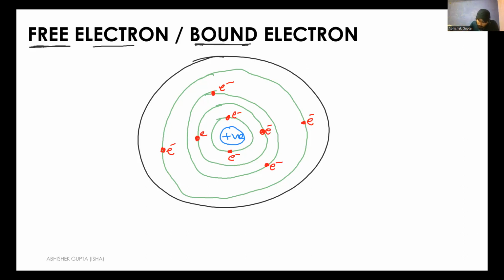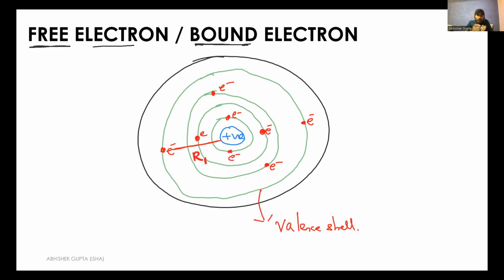So when we talk about electrons, the electrons in the valence shell are very far apart. Let's look at this distance, suppose it is r1.